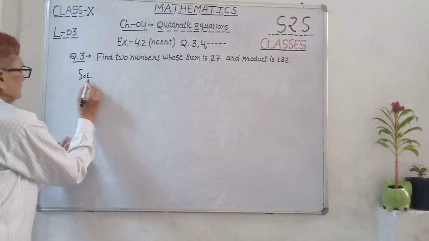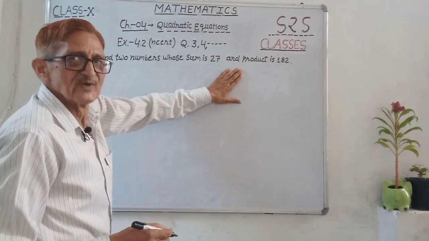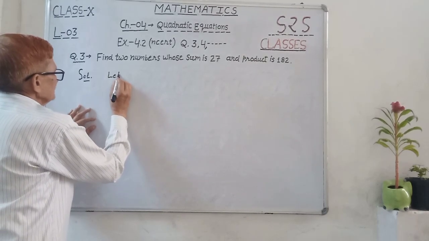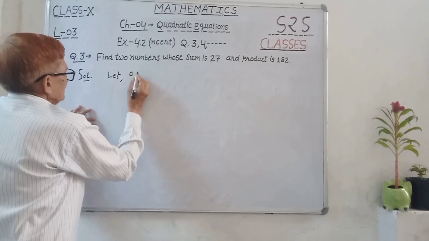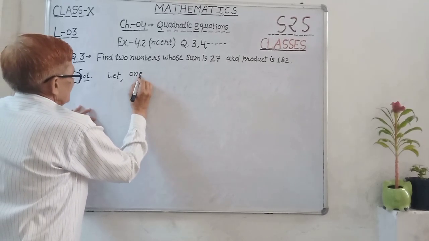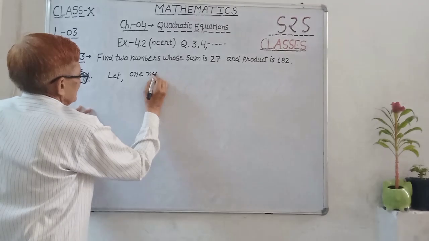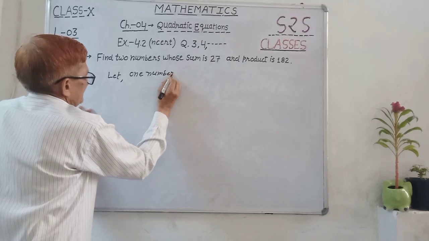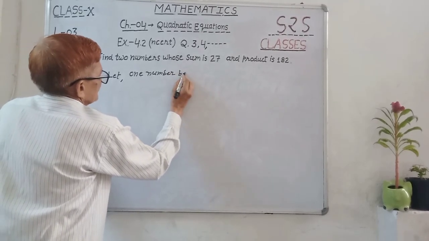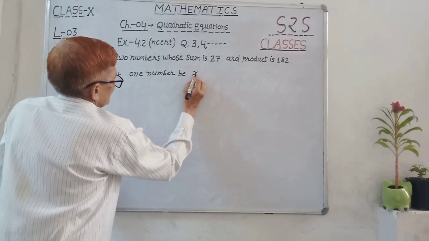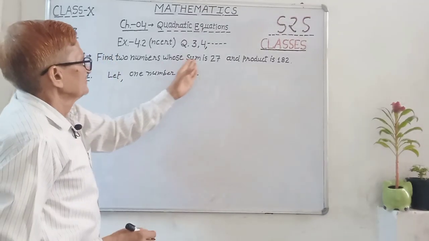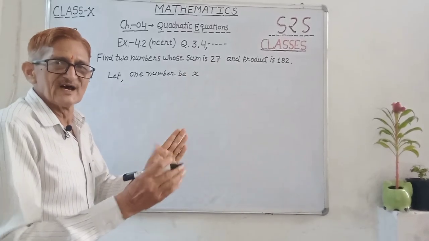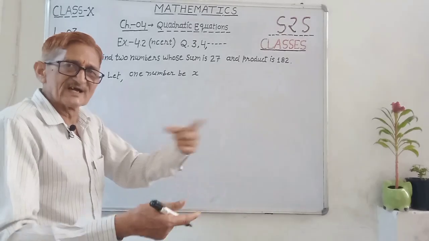Okay, let us suppose one number be x. The sum is 27. After addition, the result is 27 of two numbers, and one is x, so the other will be 27 minus x.